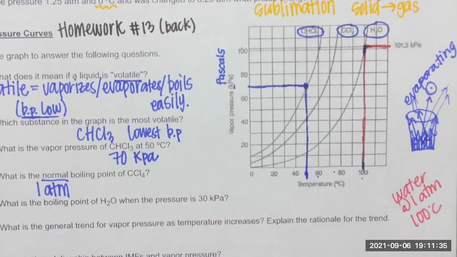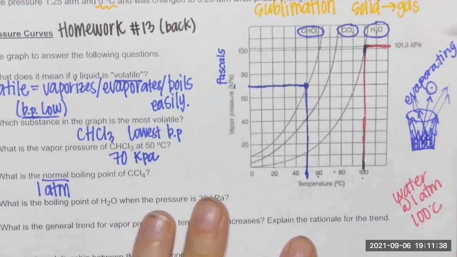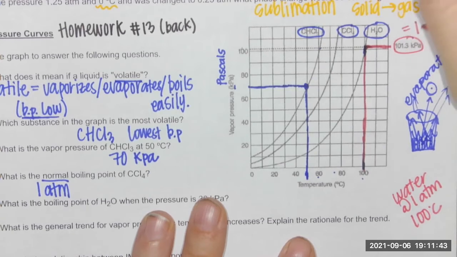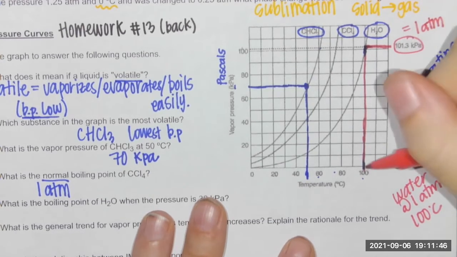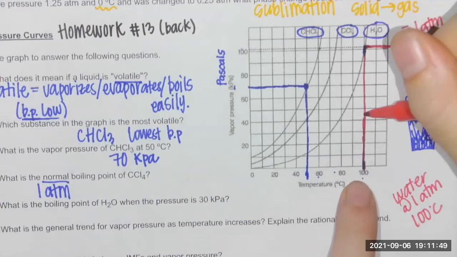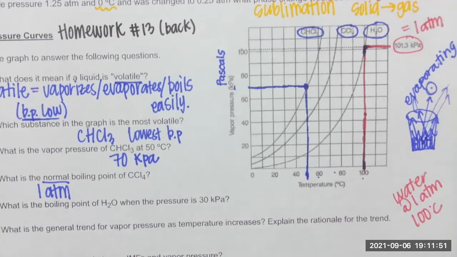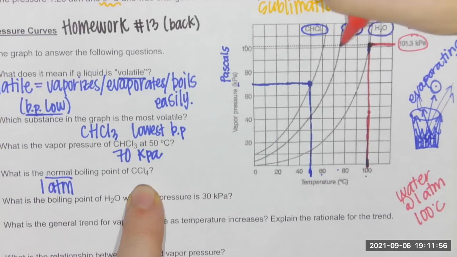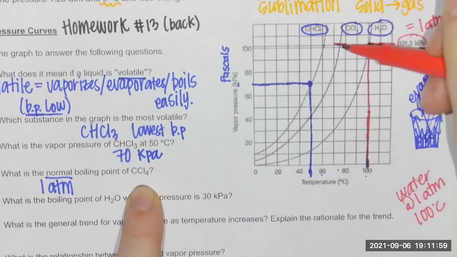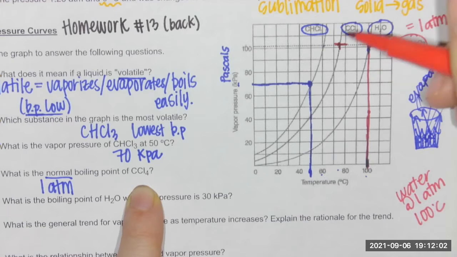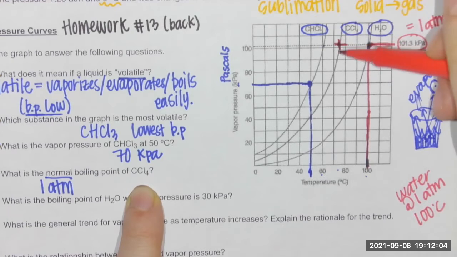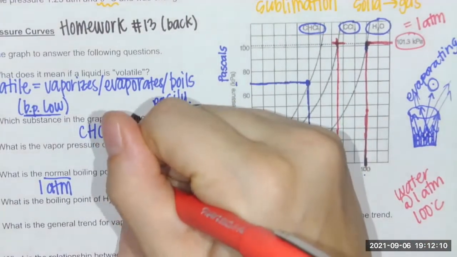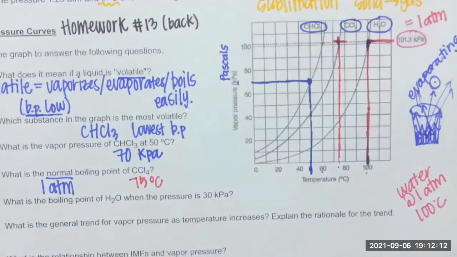I'm going to make the bold assumption that 101.3 kilopascals is equal to 1 atmosphere, simply because I know that water has a boiling point of 100 at 1, and that's right on that dot. So the normal boiling point of CCl4 would just be, where do we cross for this guy? And I would say about 75 degrees Celsius.